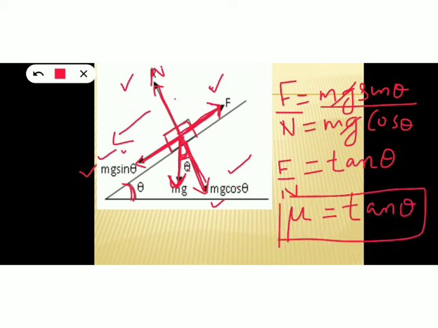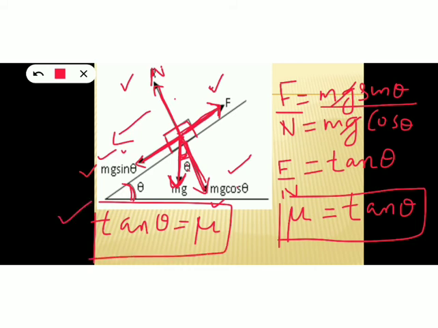And in the previous case we got an expression for angle of friction. What is that? Tan of angle of friction is equal to mu, the coefficient of friction. So this is the case of angle of friction, and this is the case of angle of repose.